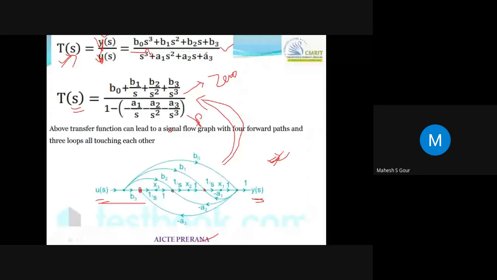This is in the negative sense, which means you are writing it as a feedback, right? As you know, the formula of the closed loop transfer function is G of s divided by 1 plus G of s into H of s, right?